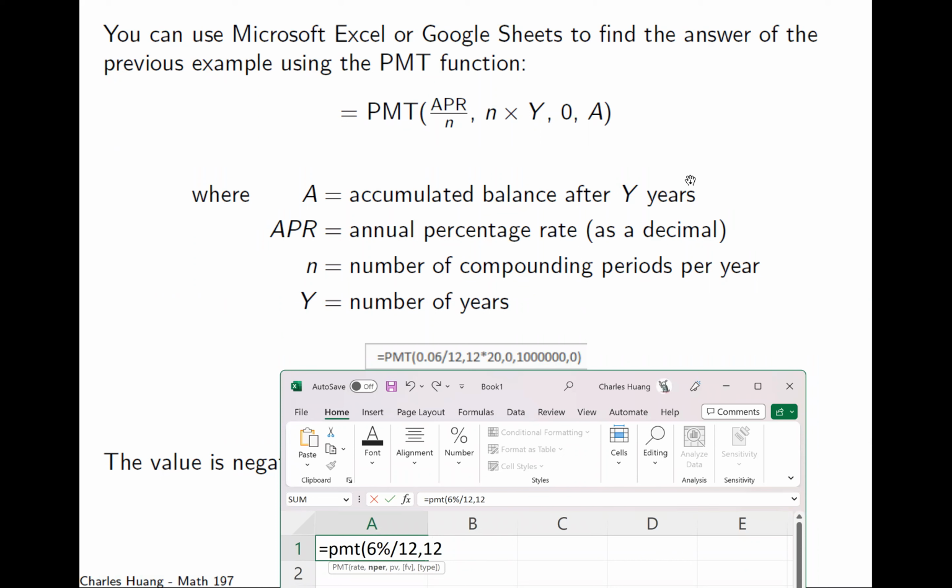We are trying to grow our money 20 years, so 12 months a year times 20 years in total. The present value, so PV here stands for present value, means how much we have at the start. We have no money at the start, so zero. And we want to save up $1 million at the end, and that's the final amount. And you'll see that we get $2,164.